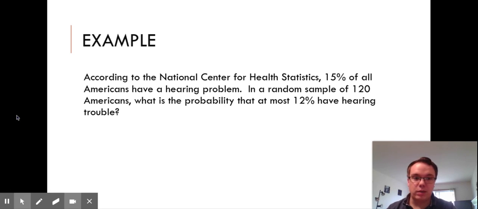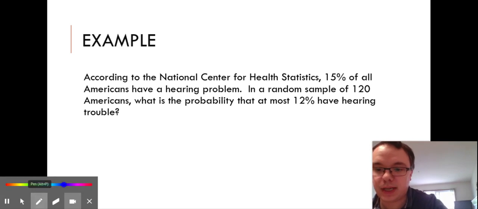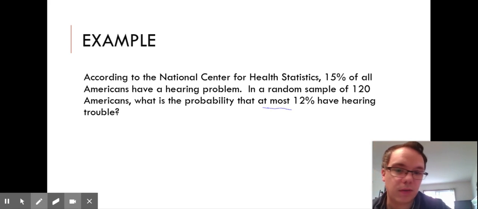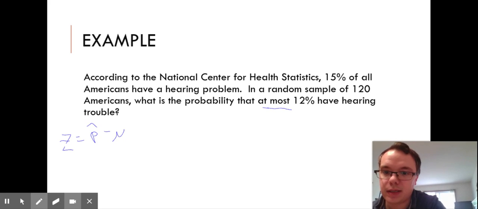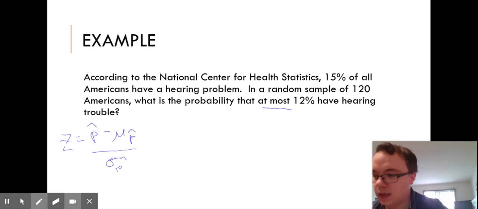So we want to find the probability that it's at most 12%. Remember, at most means less than or equal to 12%. So first thing we're going to do is find a z-score. So our z-score, remember, we just learned, was our p-hat minus our expected value for p-hat over standard deviation for p-hat.